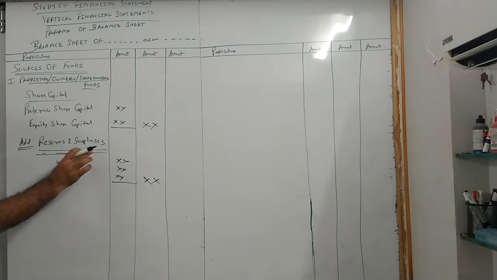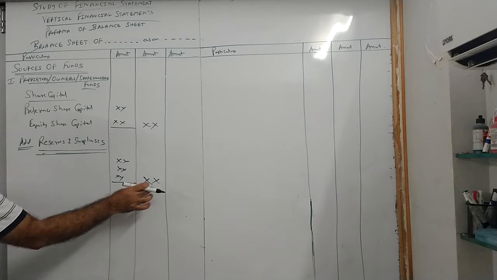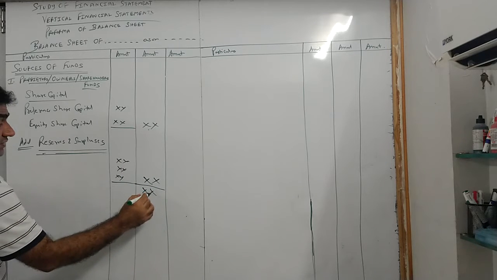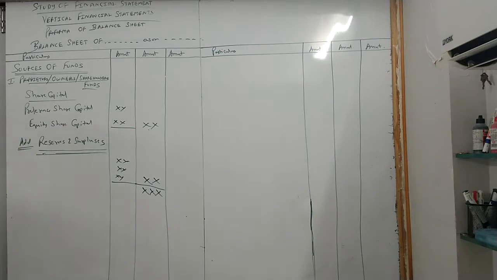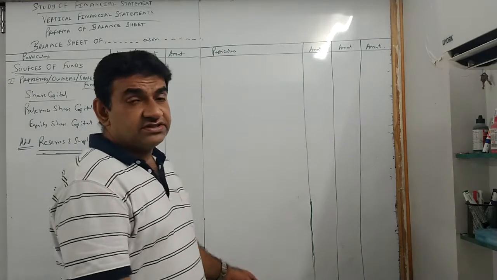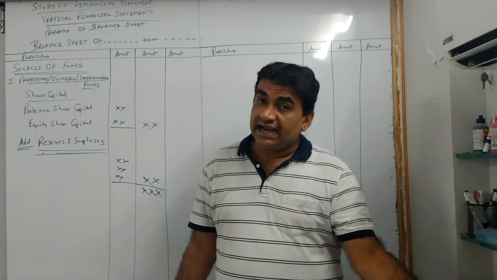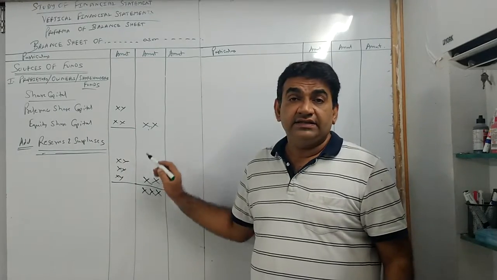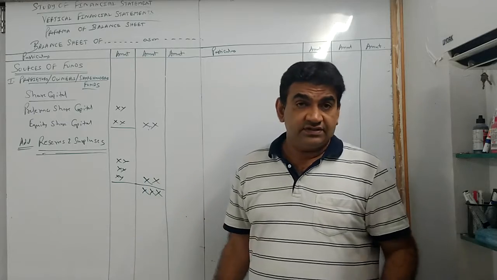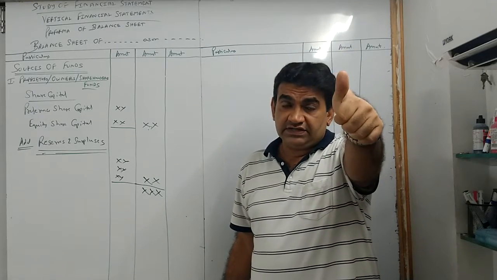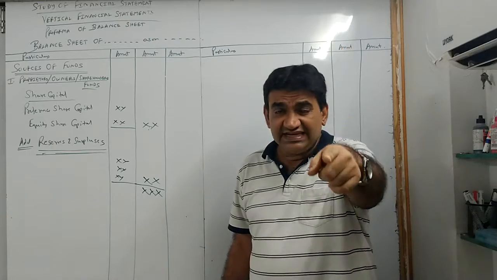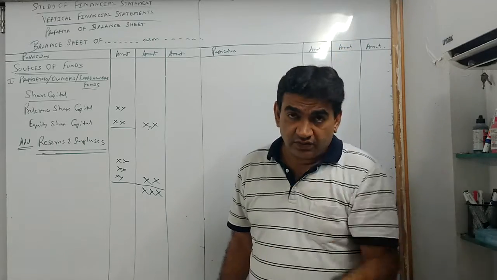So this is nothing but the total of your reserves. Now take the grand total of share capital plus reserves. Clear? So this is share capital, to that we add reserves, profits kept aside for a specific or a general purpose. The list is given there in your notebook.